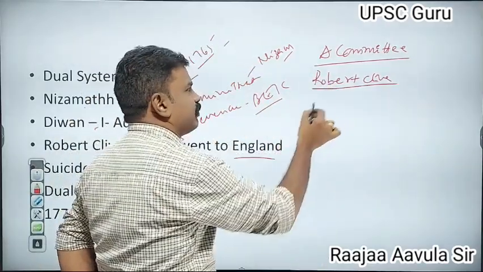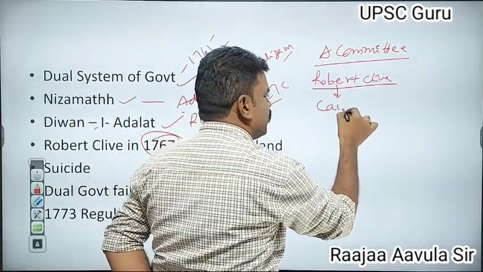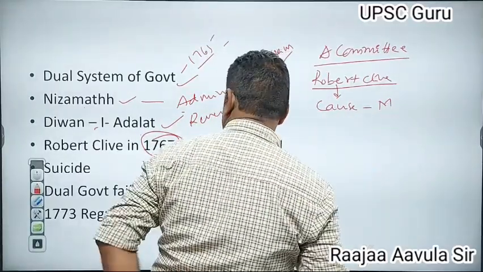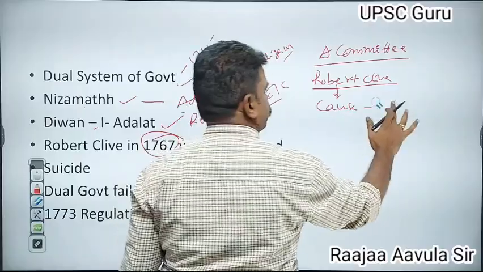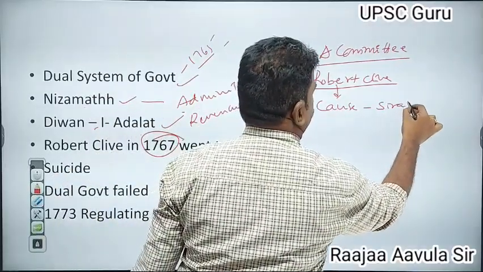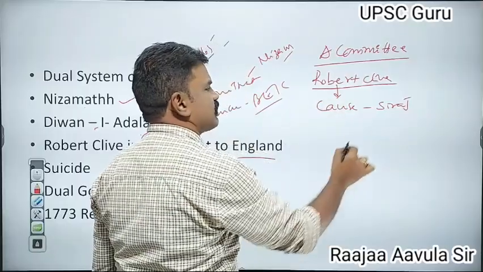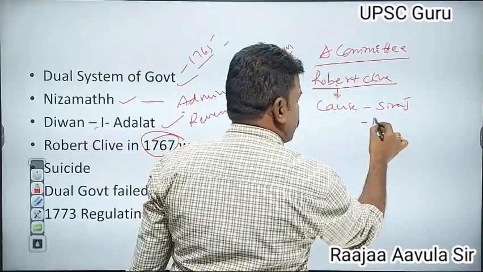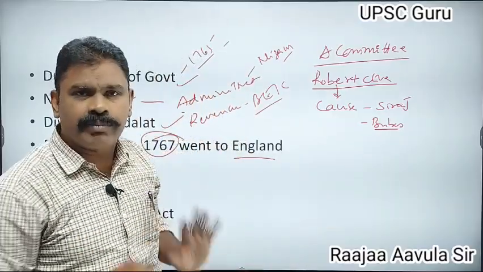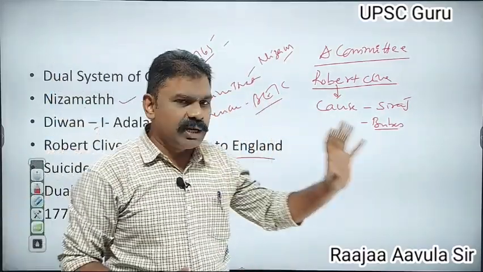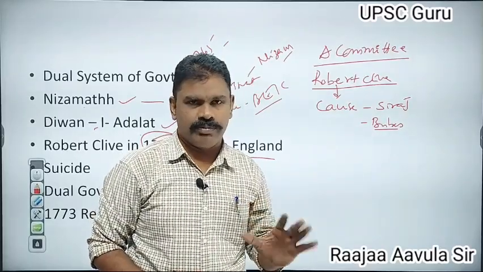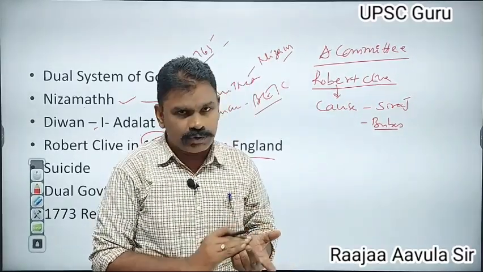According to this committee, Robert Clive was charged for the killing of Siraj Uddawla. He was also charged for several bribes. He had taken bribes and also given bribes to the Mughal Emperor and Shuja Uddawla, the Awadh Nawab.